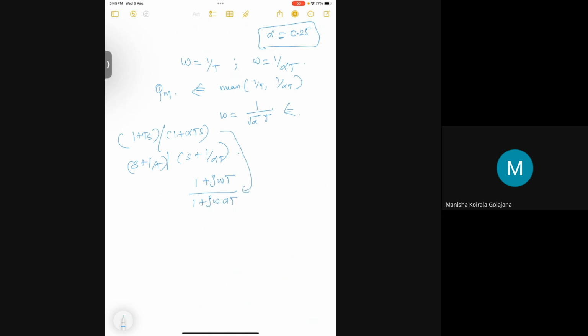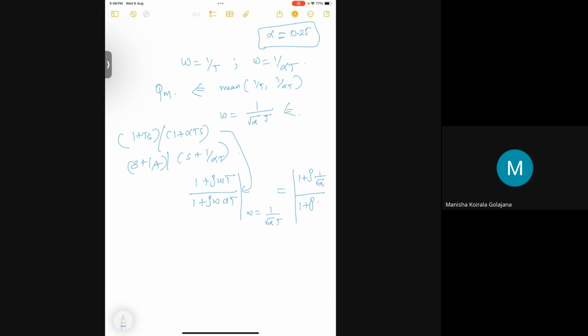This has been written like this for ease of calculation. Omega should be at 1 by root alpha T, because phi m occurs at this frequency. This is the mean of those corner frequencies. So if I put omega as 1 by root alpha T, T will get cancelled, and I would be having 1 by root T root alpha divided by 1 plus j alpha root alpha.